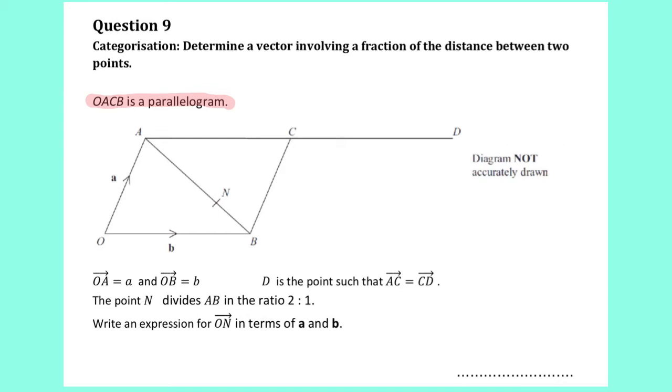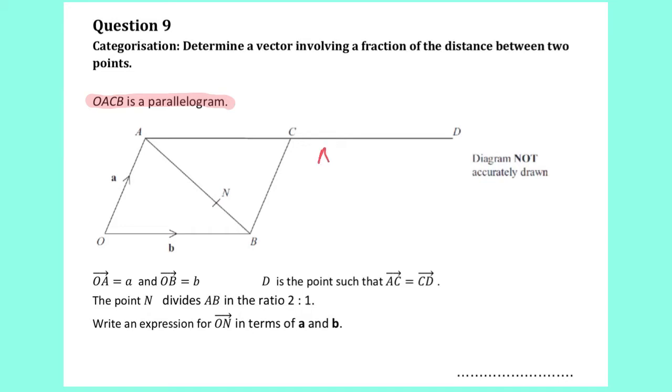That means AN is twice as big as NB. So that means that AN is 2/3 of the line AB.